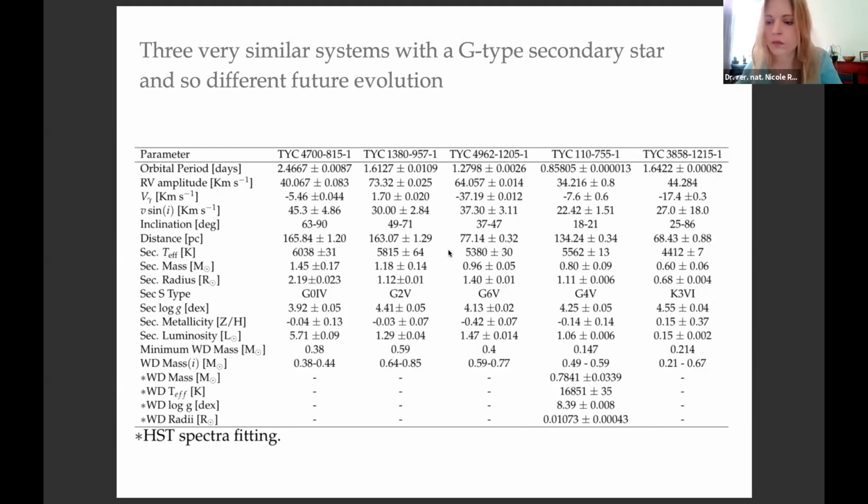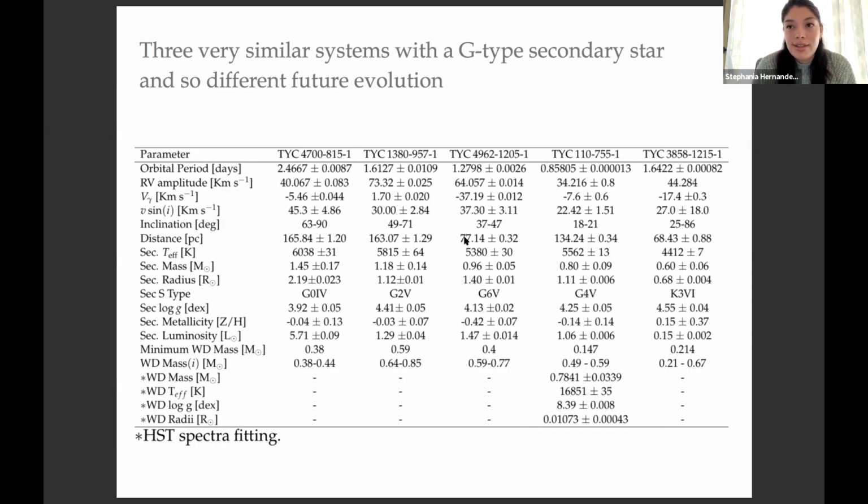Then another question: is TYC110 detected in the X-rays? You were mentioning Swift data, what does the XRT data tell? Yeah, we observed the system with Swift, and we didn't see any variation in the X-ray light curve.